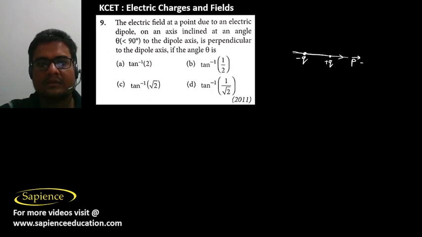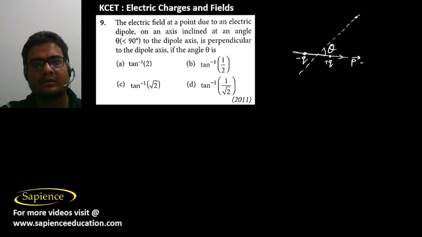You have to find the electric field at a point on an axis which is inclined at an angle theta with the dipole axis, perpendicular to the dipole axis. Here it is told that the electric field is perpendicular to the dipole axis.